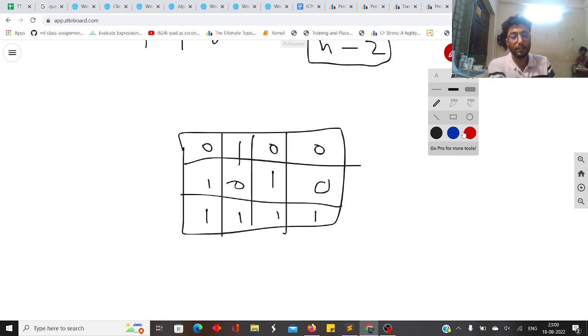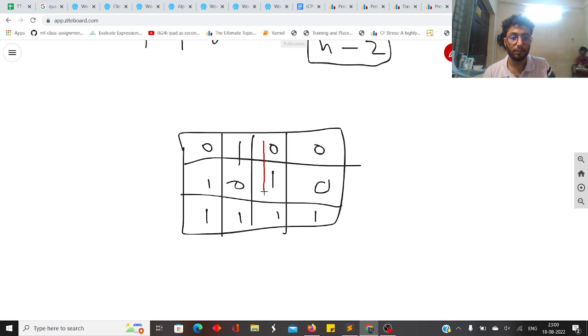If I have an L-shaped element to start with that contains two zeros and a 1, then in one operation I'll lose out on this one, and this one would change to a 0.